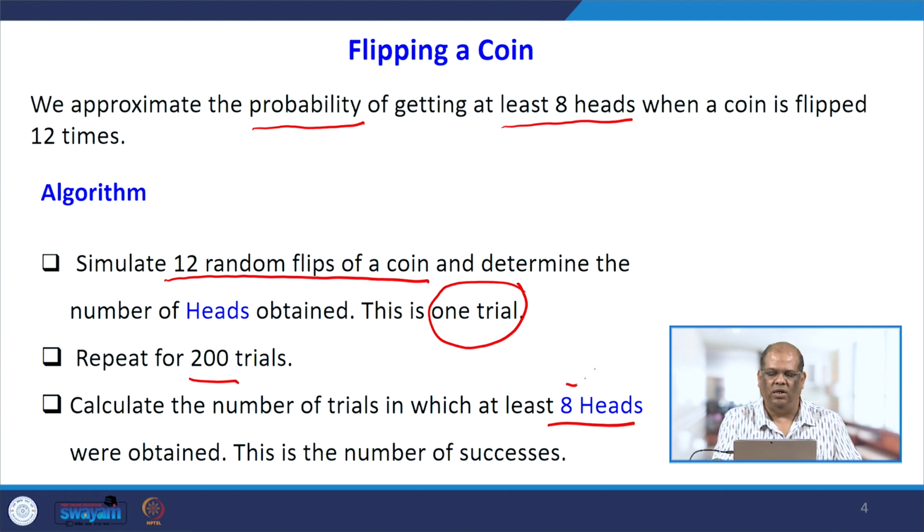This number can be 7 heads, 8 heads, 9 heads, and this will be called a success. Then you calculate the probability, that is the number of successes divided by the total number of trials, which in this case is 200.